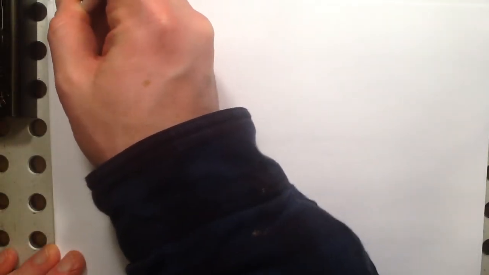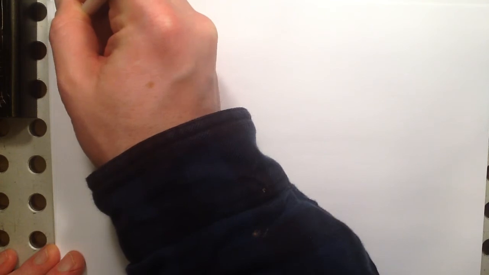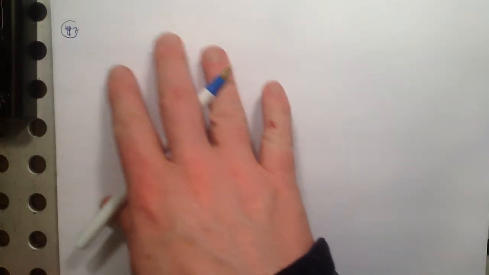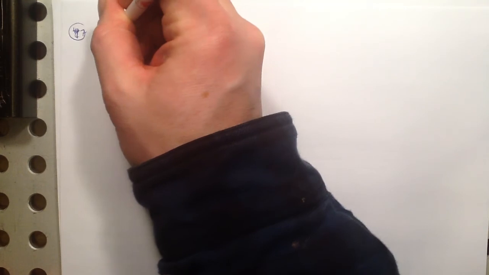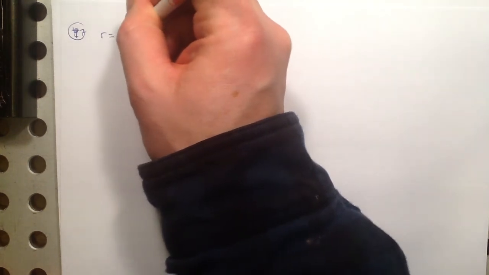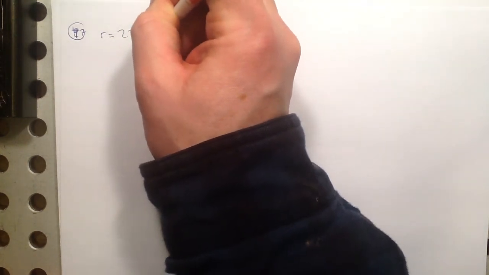Number 47, not 27, right? We have here the Sun, which is a distance of 2.2 times 10 to the 20th meters away from the galactic center.